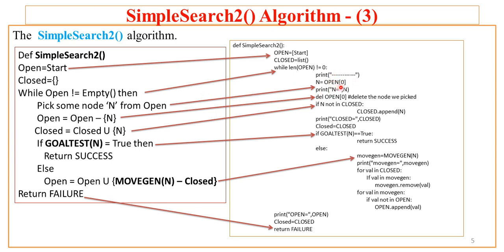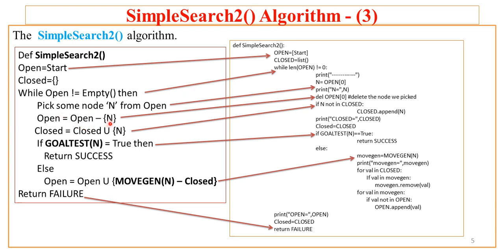So how is that first node extracted from the list? List elements are indexed with 0, 1, 2, so the first element has index 0. Here I use index 0 for the open list, so the first element will be taken, and that is assigned to n.